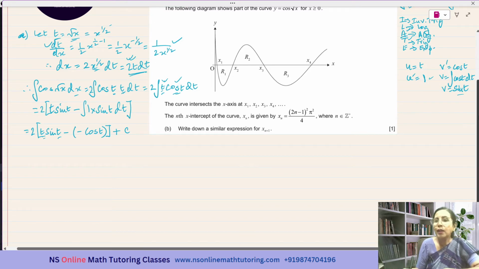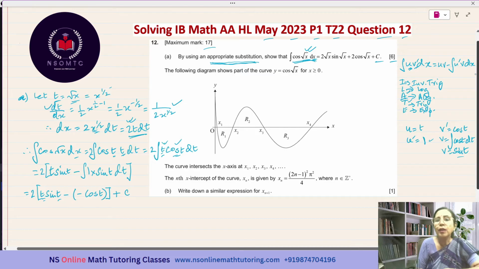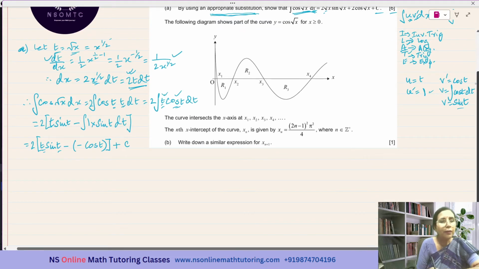They have multiplied the 2 with each of the two terms. Okay, fine. So it is 2 times t, which is root x, sin t is sine of root x, and negative of negative is positive, so it is plus 2 times cos of root x plus c.